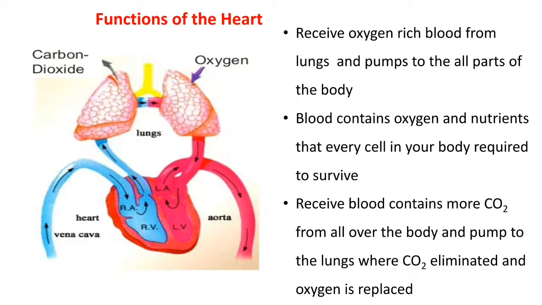After the utilization of oxygen, carbon dioxide is released from the cells, and other metabolites and waste substances will also be present in the blood. Then the heart receives this oxygen-poor, carbon dioxide rich blood from the other parts of the body. Then it pumps to the lungs, where the carbon dioxide is exhaled and oxygen is received into the blood. Then the cycle is continuous.